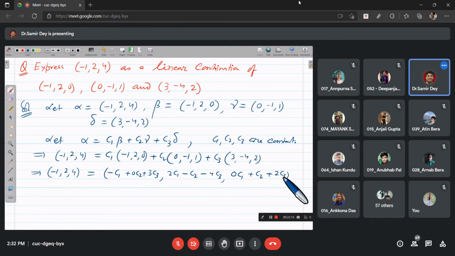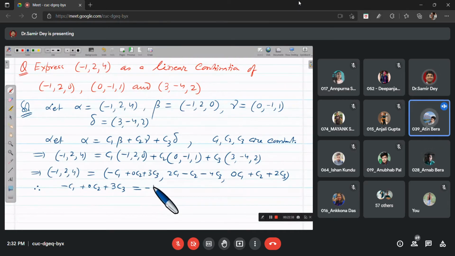Can you write this? So from here we can write minus C1 plus 0 C2 plus 3C3 is equals to how much?